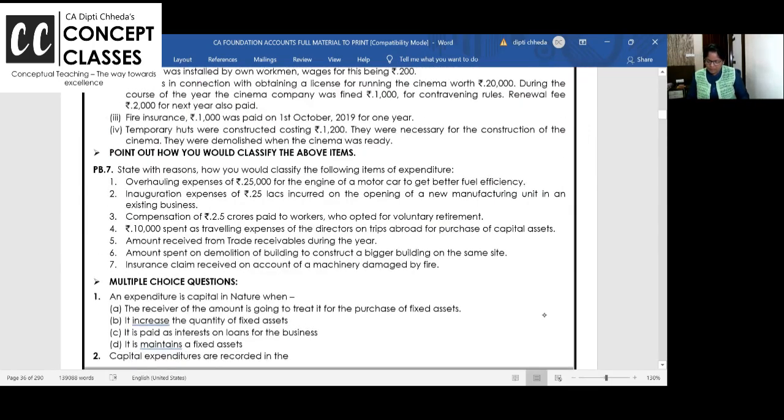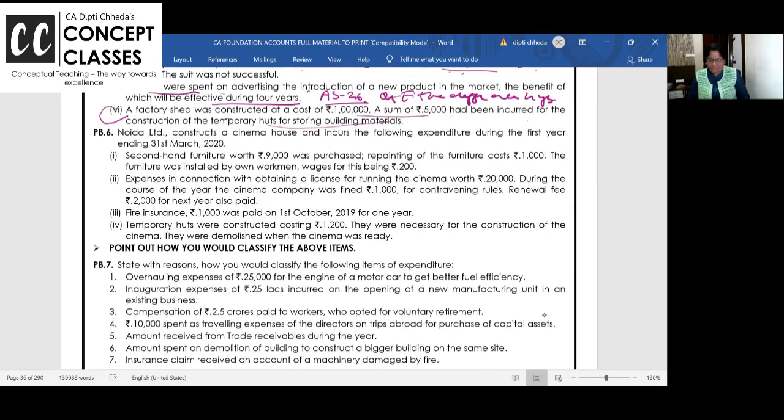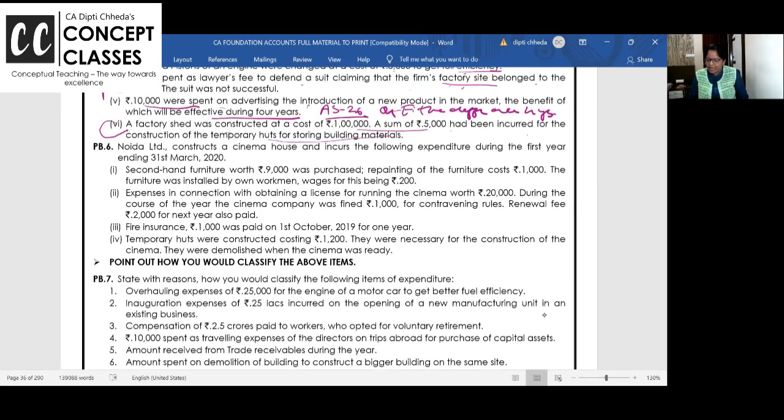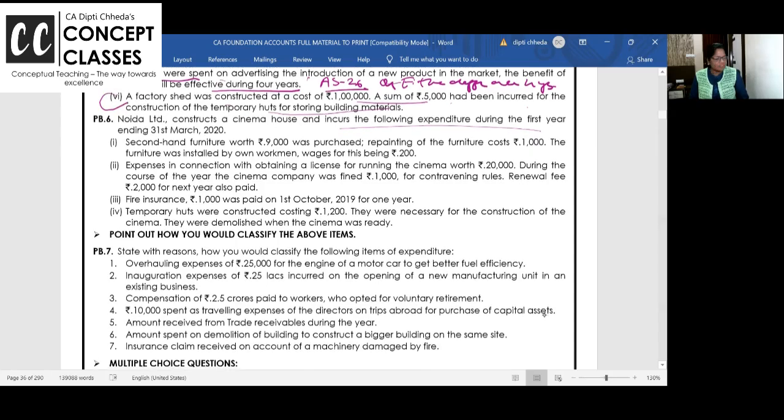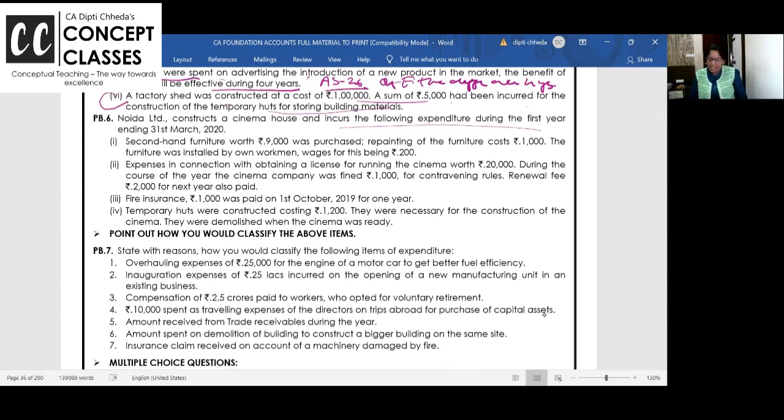Next one. Now these are very interesting. A cinema house was constructed and the following expenditures were incurred. Second-hand furniture worth 9,000 was purchased. Repainting of furniture 1,000. Furniture installed by workmen to whom wages of 200 were paid. See, this is all capital expenditure. In a cinema, the major expenses are chairs and furniture.